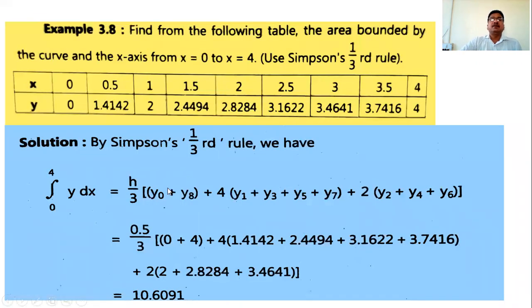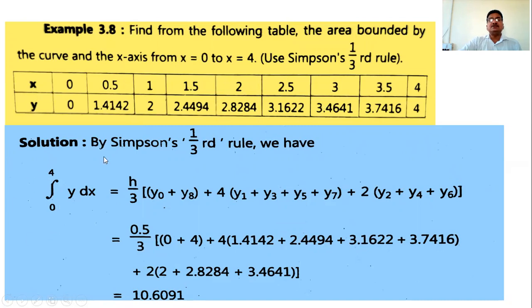Next problem: find from the following table the area bounded by the curve and the x-axis from x equal to 0 to x equal to 4 using Simpson's 1/3 rule. The values of x and the values of y are given, and we have to find the area bounded by the curve, that is the integration from 0 to 4 of y dx.